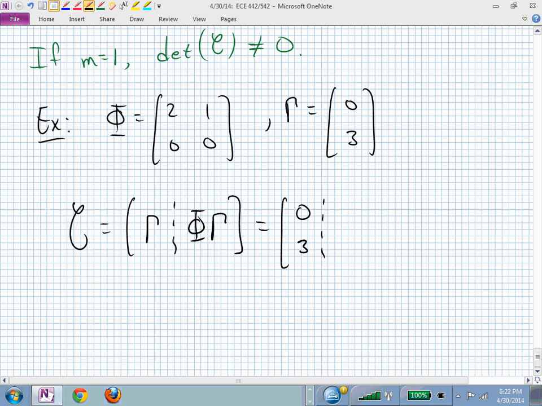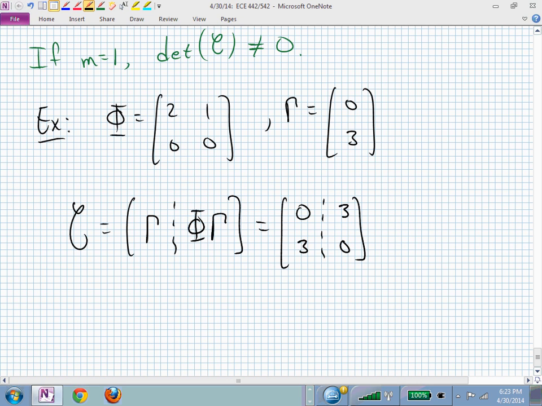That gamma is just pulling off the second column of phi, and it's scaling it by 3. So this now becomes 30. And I hope you can see that the columns of C are linearly independent. Or if you can't see that, you compute the determinant of C, and it's going to give you something not equal to 0.